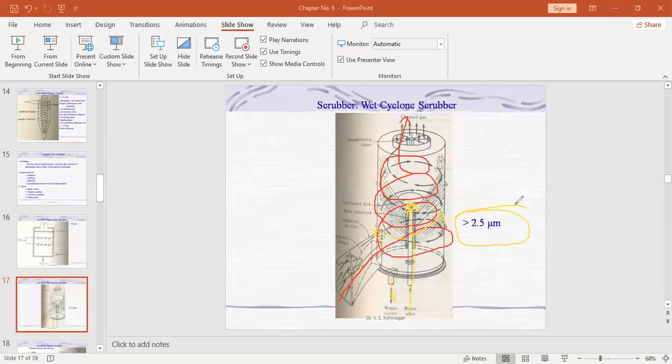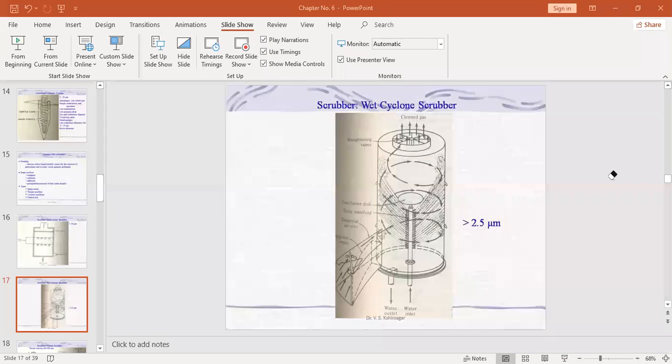So once again you please remember, you draw this figure. Settling chamber and cyclone separator are applicable only for dry air, and only for the removal of particulate matter.